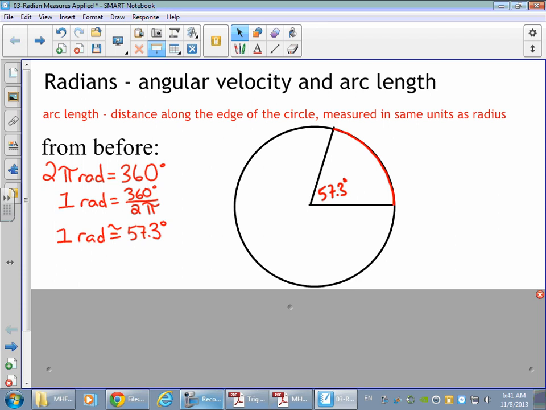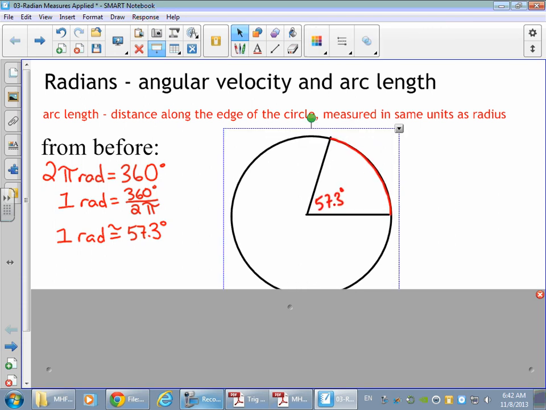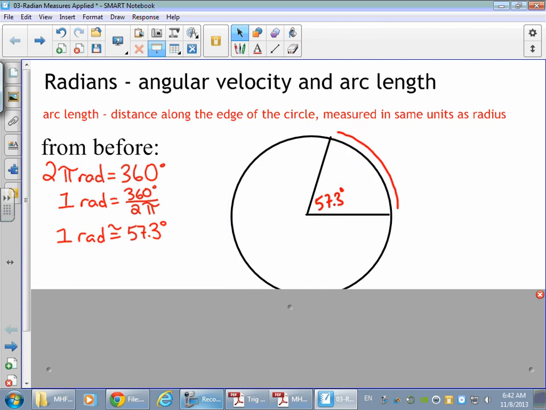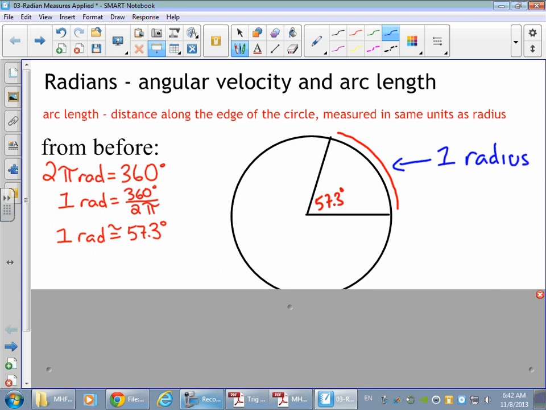And so what that tells me is, when I look at a circle and I measure off an angle of 57.3 degrees, the distance along the edge of the circle, this red piece here, the length of it is going to be exactly 1 radius in length.